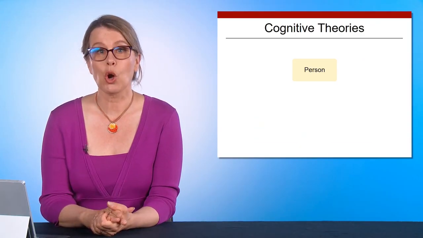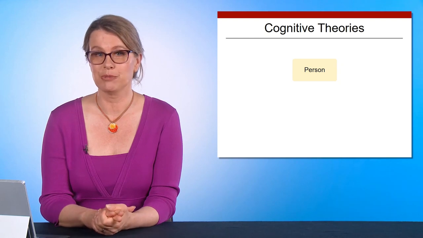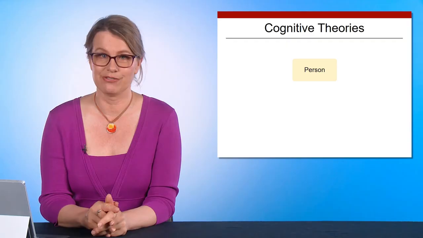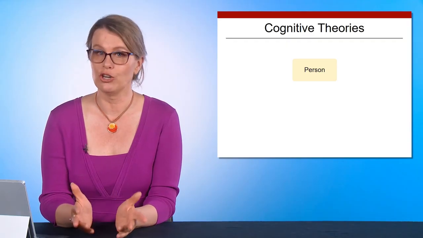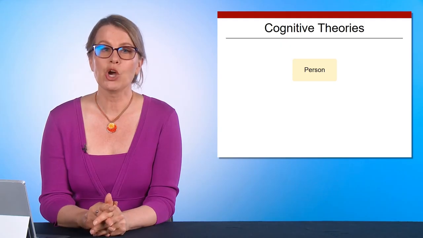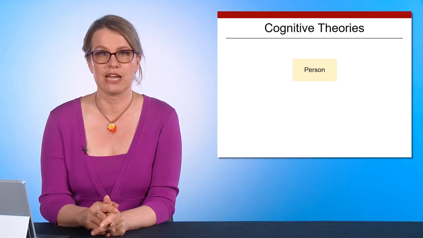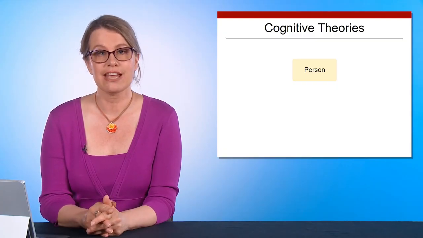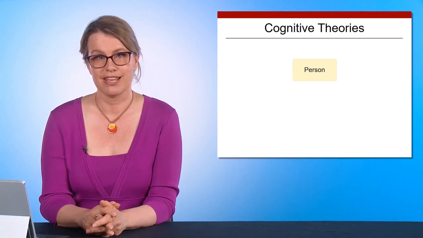Today, we're going to take a look at a different perspective on learning that's commonly known as cognitive theory, cognitive learning theory, or information processing theory. And we're going to take a look at how it provides a really different way of learning than what we talked about with behavioral and social cognitive frameworks.